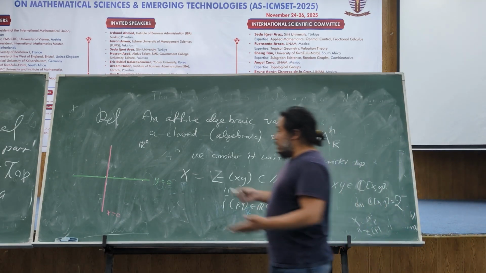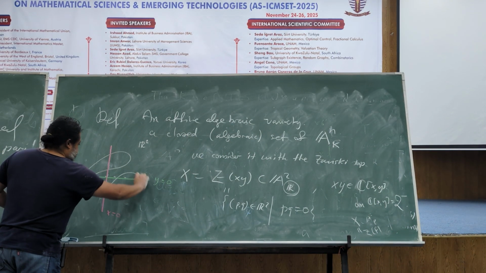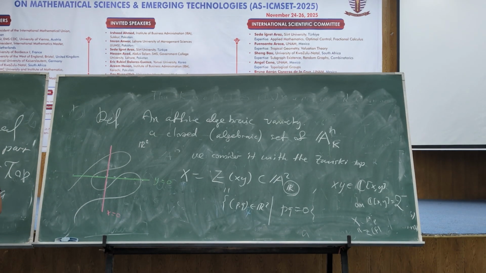So, what is a curve like? This is a closed set. So, the intersection, in most cases, of two closed sets is a finite set.